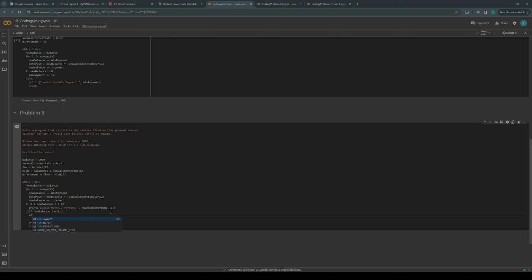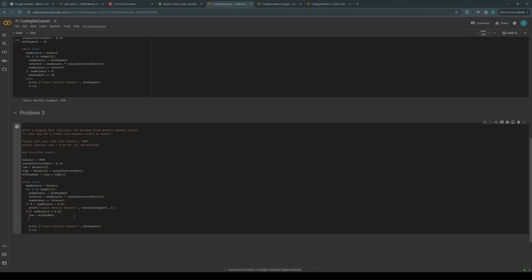If the New Balance is greater than 1 cent, then that means the New Balance is not paid off, and whatever minimum monthly payment we used just now was not big enough to make our New Balance less than 1 cent.